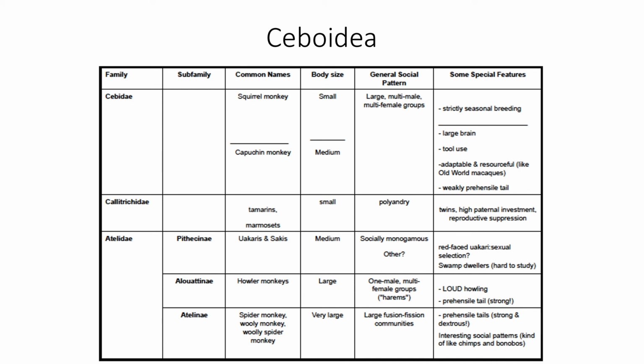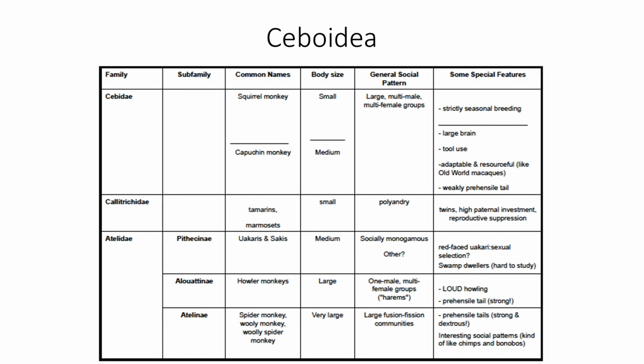Our howler monkeys are large, maybe 20, 25 pounds. They live in one male, multi-female groups, so one breeding mature male will live with multiple females. They are known for their very loud howling. These guys have strong prehensile tails.